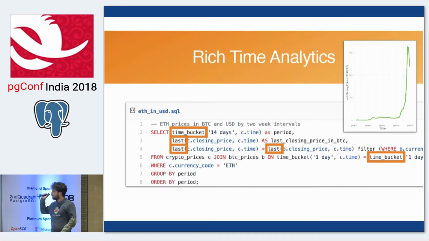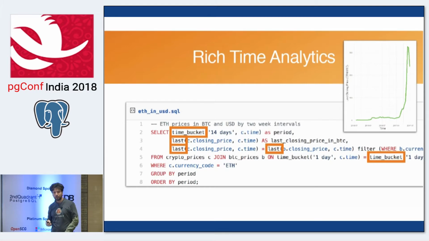We also added a whole bunch of new functions to make time series analysis easier, including time bucket, which allows you to do the equivalent of date trunc, but for, say, 14 days instead of just at the day, month, hour granularity.